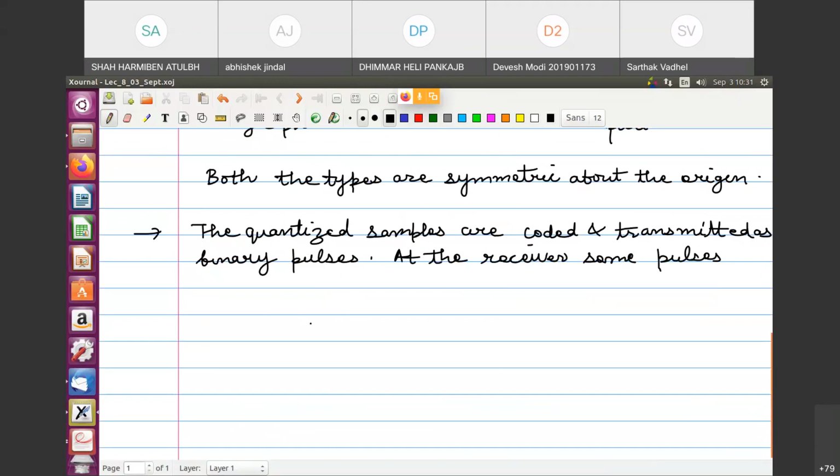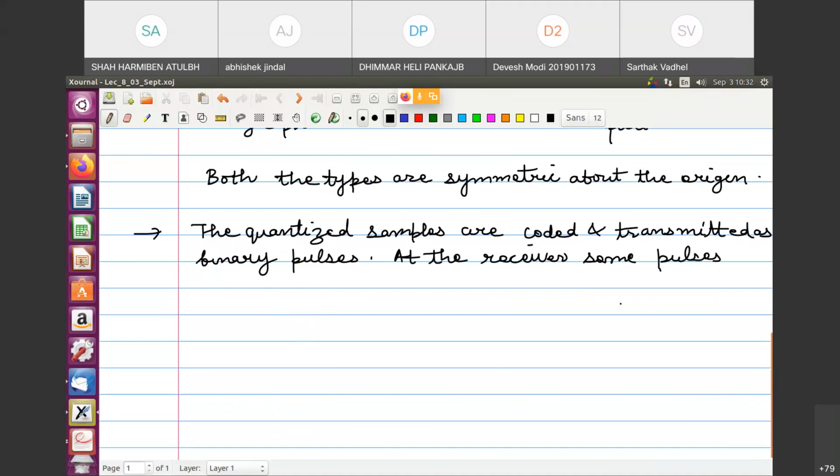For 0, let us say you put one level of the pulse, and for 1, you put another level of the pulse, or do some sort of operation with the pulse. Binary pulse simply means that there are two possibilities of the pulse. For 0 there should be one thing, for 1 there should be another thing.